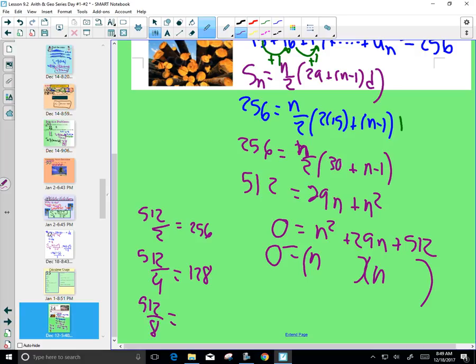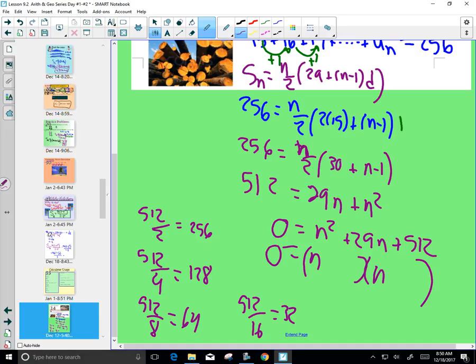And I'm going to get 64. And still not good. Let's divide it by 2 again. 512 by 16, and I'm going to get 32. So will that factor, 32 times 16? And is 32, what's 32 minus 16? Oh, that's too big. 64 minus 8.